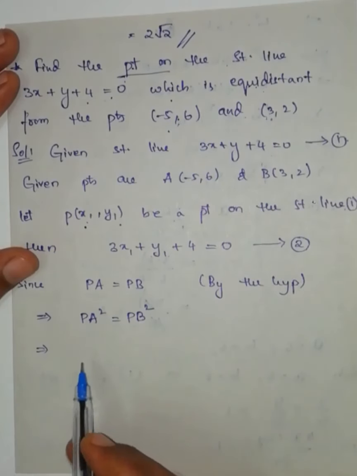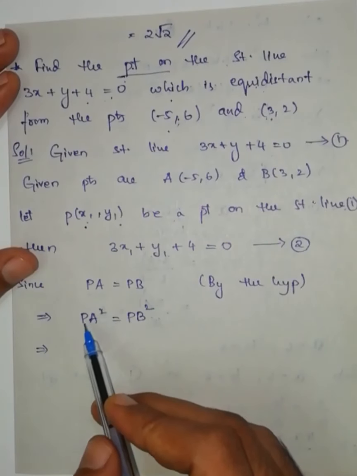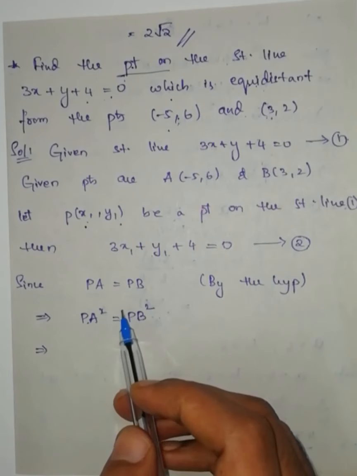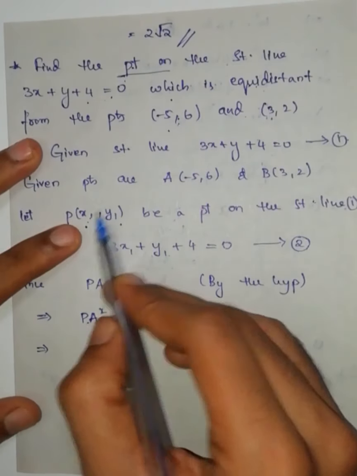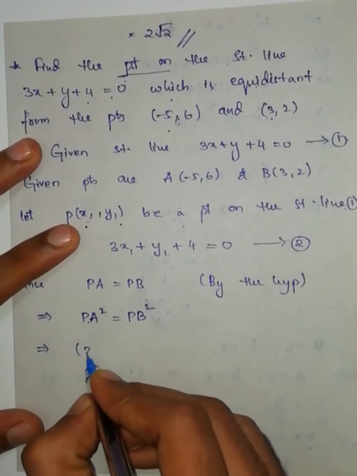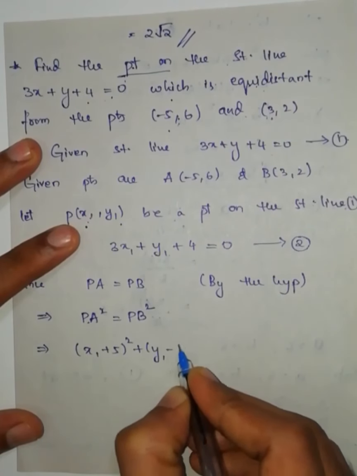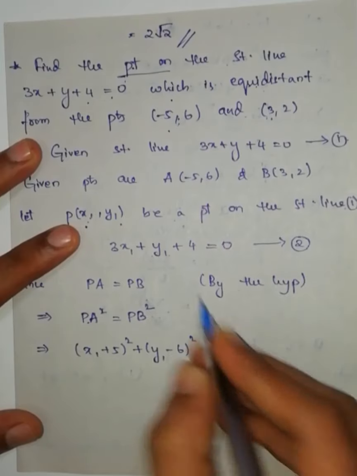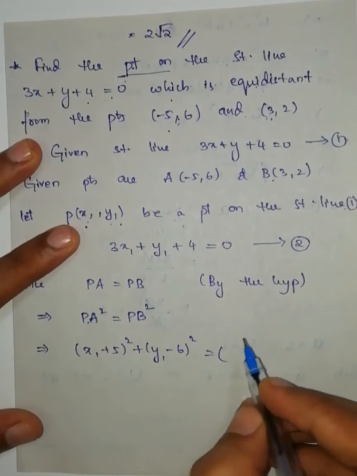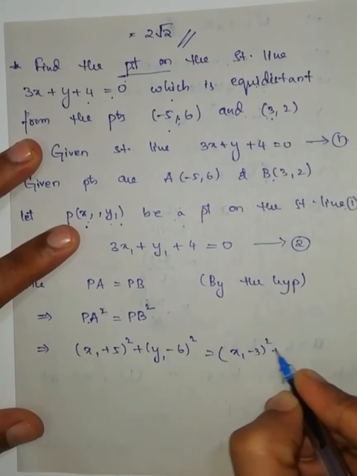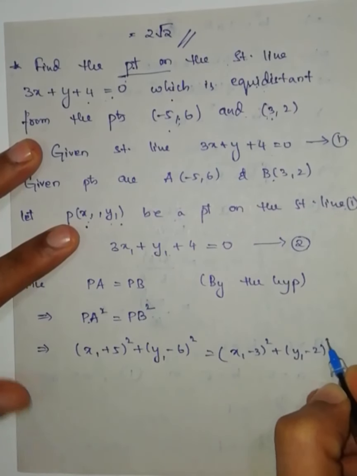This implies, since square is there, in the distance formula the under root and square get cancelled. So distance PA: x1 plus 5 whole square plus y1 minus 6 whole square is equal to distance PB, that is x1 minus 3 whole square plus y1 minus 2 whole square.